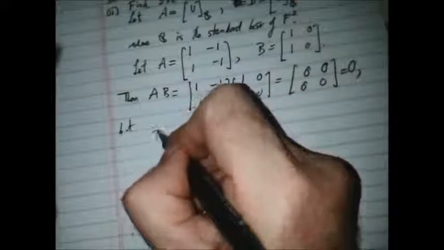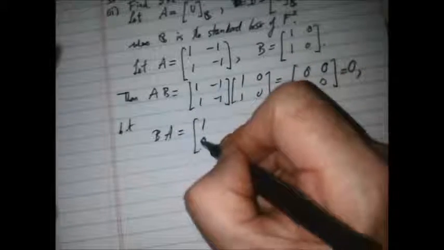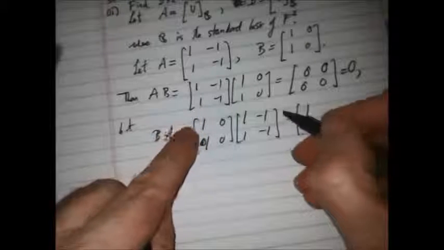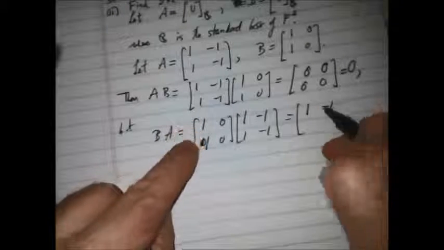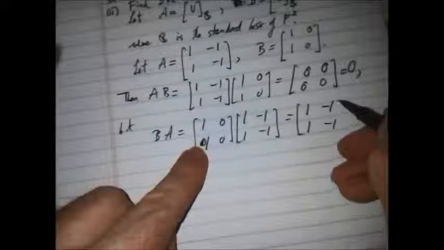But when I work out B times A, which is 1, 1, 0, 0 times this matrix, we get 1 plus 0 is 1, minus 1 plus 0 is minus 1, 1 plus 0 is 1, minus 1 plus 0 is minus 1, and that's not the zero matrix. So we found two matrices A and B so that A times B is the zero matrix, and B times A is not the zero matrix.